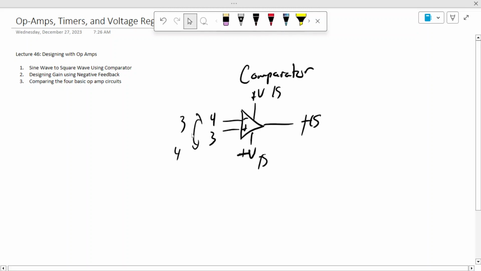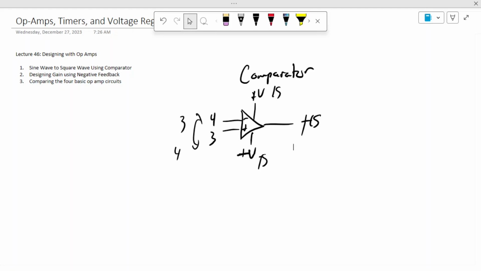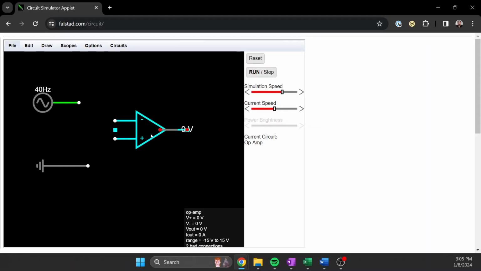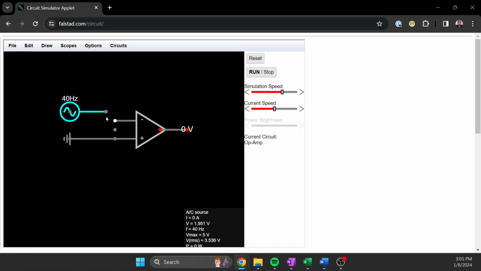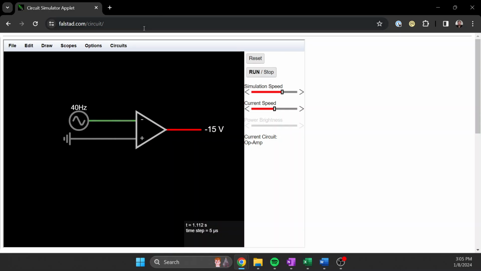But there's also an application in AC circuits. You can see here, this is a basic comparator op amp setup. If I apply a ground, with the ground being at 0, and an AC input, you'll see it's going to oscillate between 15 and negative 15 volts. It's not a smooth oscillation, it's going to be a more squared off oscillation.